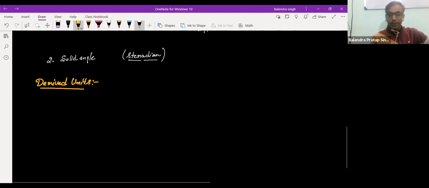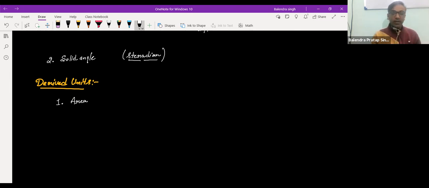area. So how do you define area? What formula do we use for area? Area is defined as length into breadth.